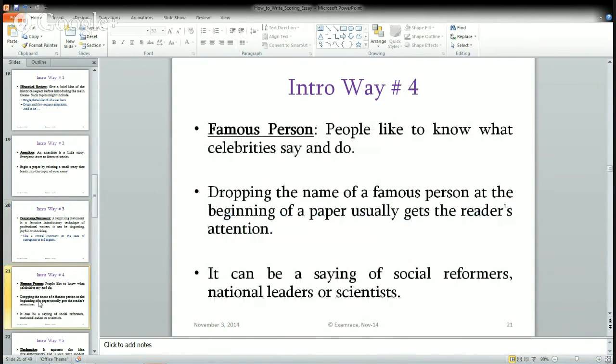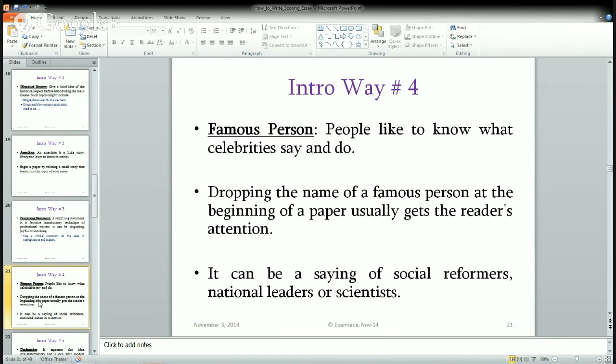The next way of introducing is mentioning a famous personality. Rabindranath Tagore believed this. Okay, so that is one way of starting. Another way is I can quote and say, "Arise, awake, and rise till not the goal is achieved," mentioned by Rabindranath Tagore. So we must start with working hard.